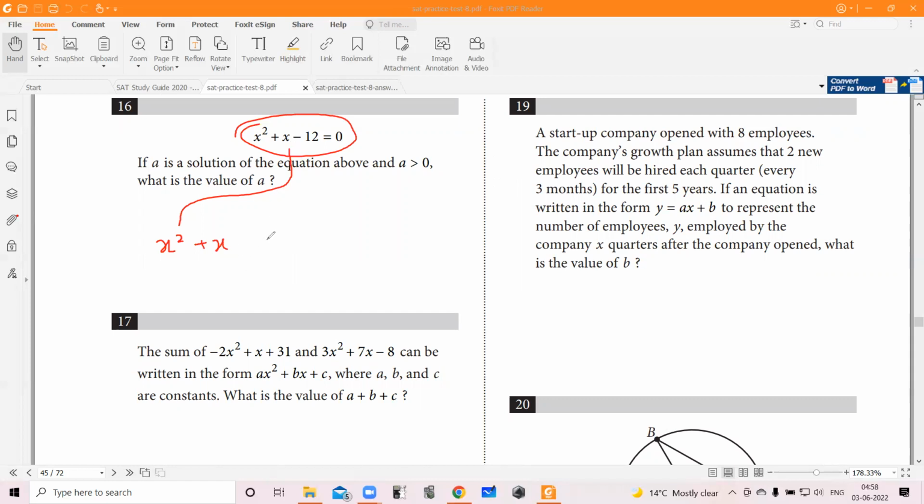Then you add 0.5 squared and subtract 0.5 squared. Minus 12 is there. And these first three will give a formula: x squared plus x plus 0.25. 0.5 squared is 0.25.